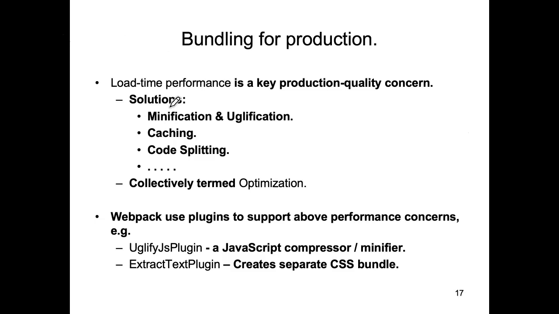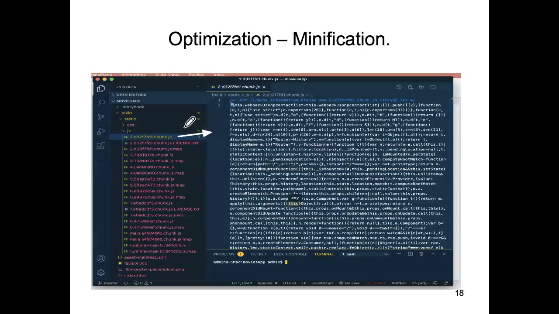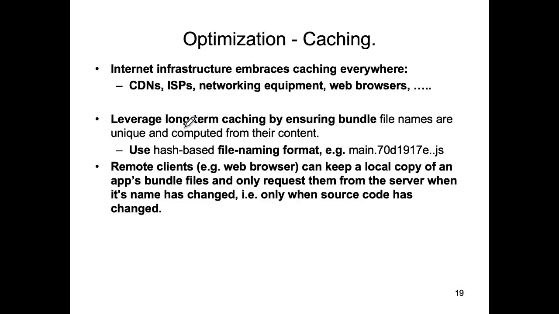I spoke about that the last day, and I briefly talked about uglification, but minification, I suppose, is probably the more important of those two. Caching is where I left off. How can we avail of caching in the context of this whole area of web app bundling?